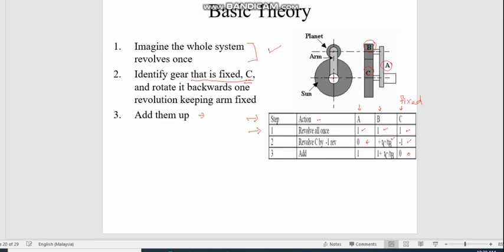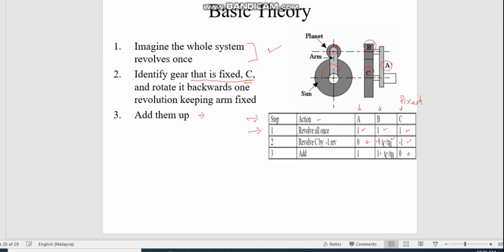So if C rotates clockwise, B will rotate counterclockwise, the opposite of each other. So if C rotates minus one, B will rotate TC over TB, and the direction is plus, because it's the opposite of C. If they are in the same direction, then both of them will be minus.